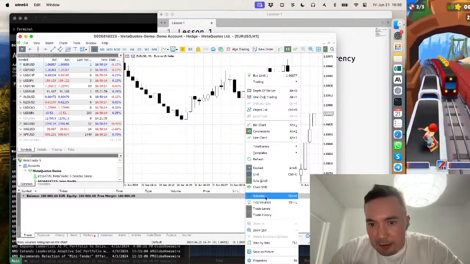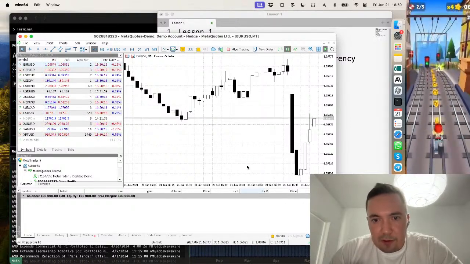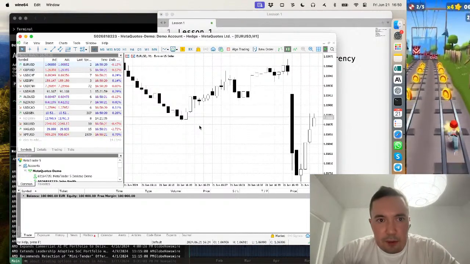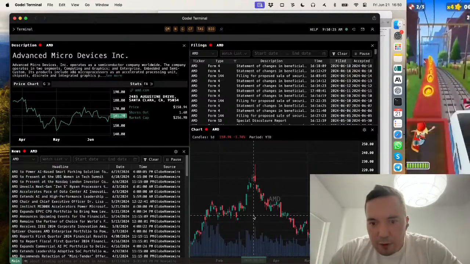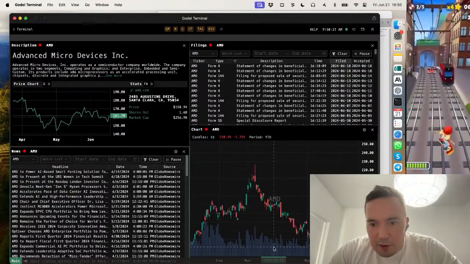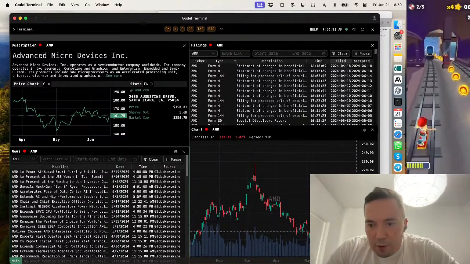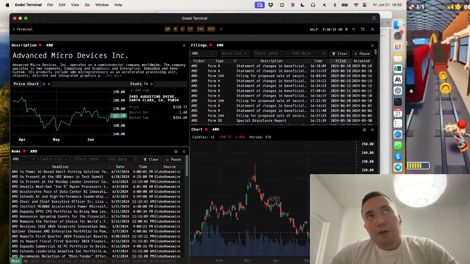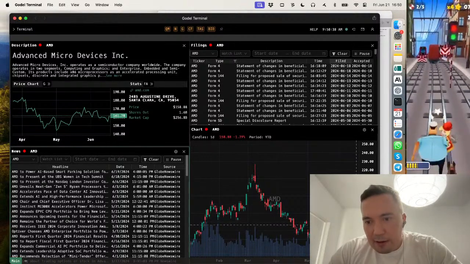There is another setting, volumes, but here it does not show anything because volumes are not shown on this brokerage account. But for example, in the Godel terminal, we can see volumes next to the chart. The volumes show how much of the asset was traded during this period.